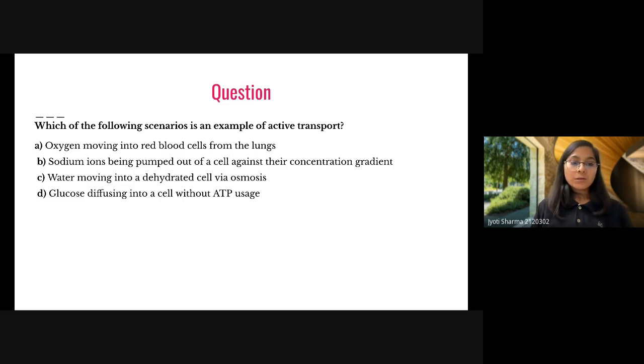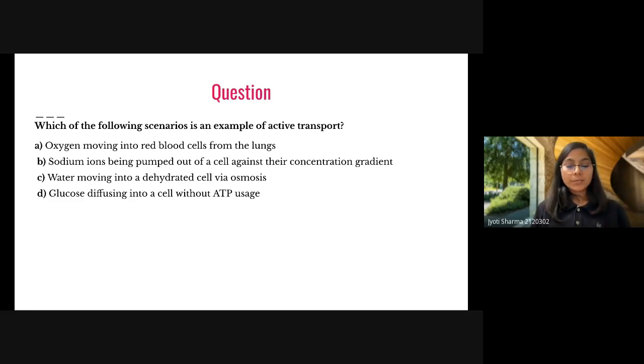The options are oxygen moving into red blood cells from the lungs, sodium ions being pumped out of the cell against their concentration gradient, water moving into a dehydrated cell via osmosis, and glucose diffusing into a cell without ATP usage. So what do you think? What is the right answer? You have to give me the example of active transport.